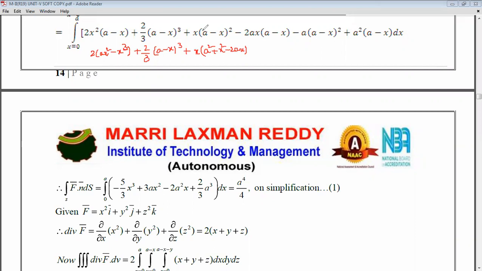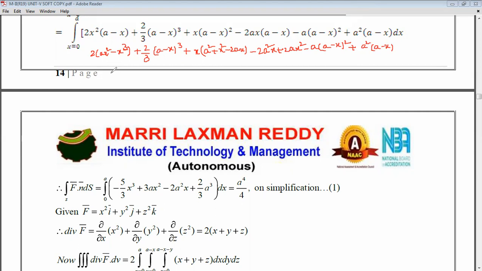And here it is having minus, you can multiply directly, 2a square x plus 2ax square, and this is as it is, we can apply integration, no problem. And this also we can integrate as it is, a minus x. Okay, now we have to simplify this one.